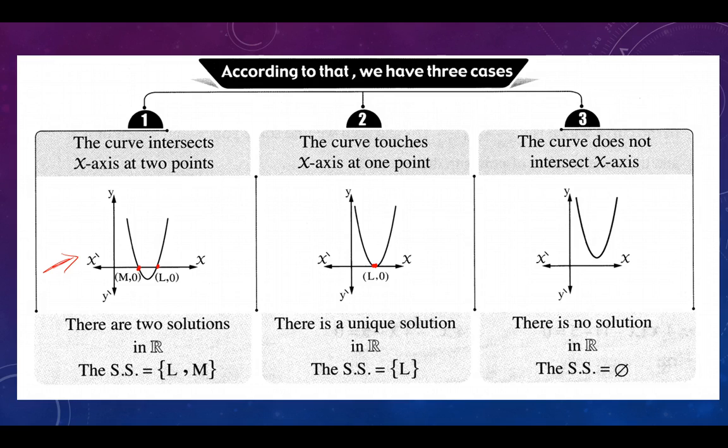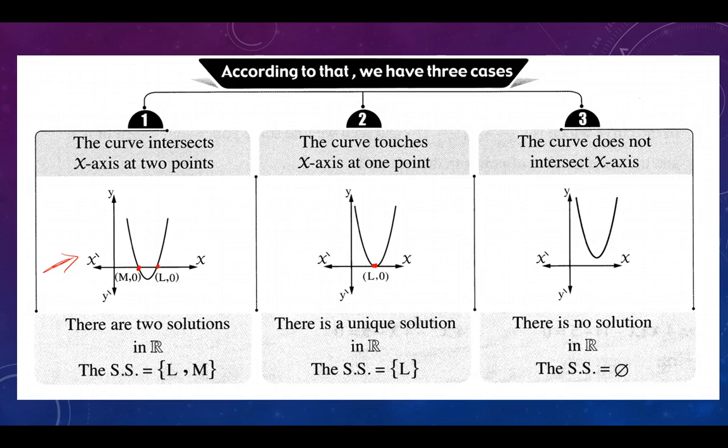So the solution set is L. We know that the quadratic equation has at most two solutions. In the first case, you have the two solutions, which are L and M. In the second case, you have only one solution, which is the point L0, and the solution set will be L only.